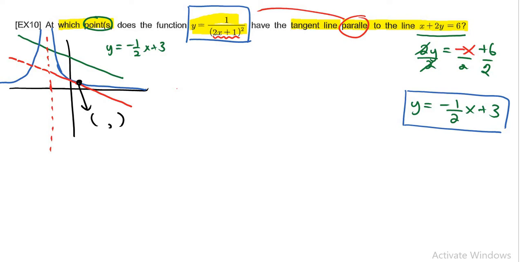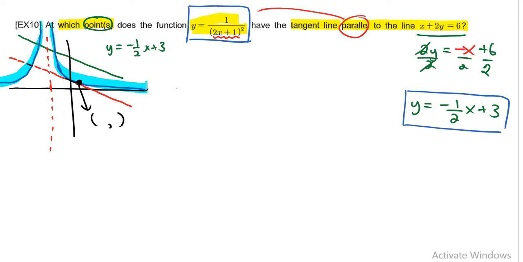So what we're going to have to do is, if I think about the blue equation here, I need to take its derivative. So basically what we're going to have to do is take its derivative.